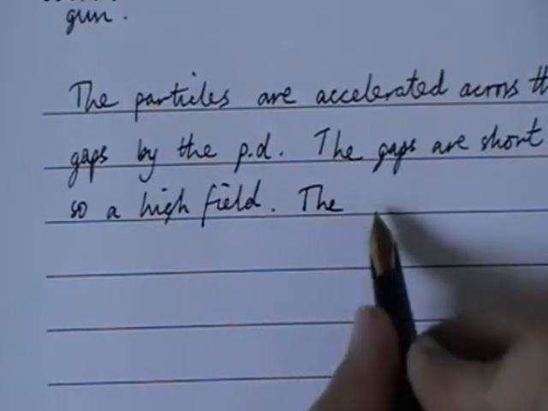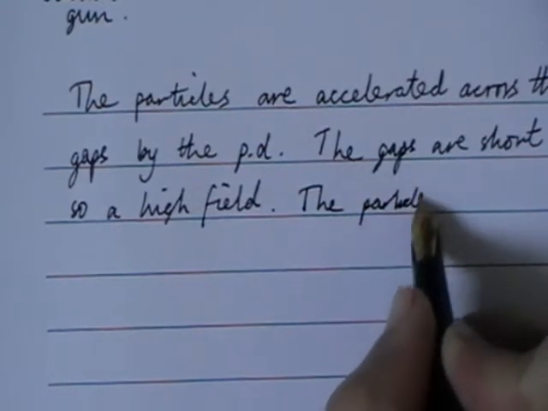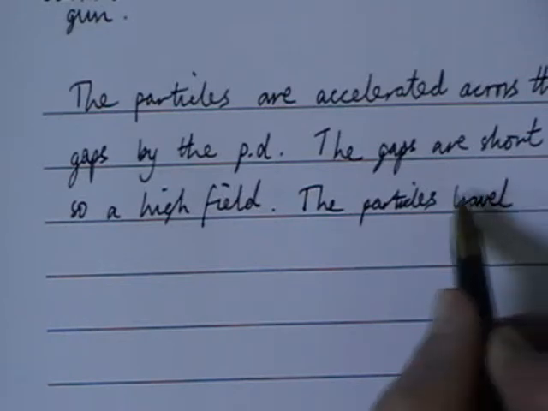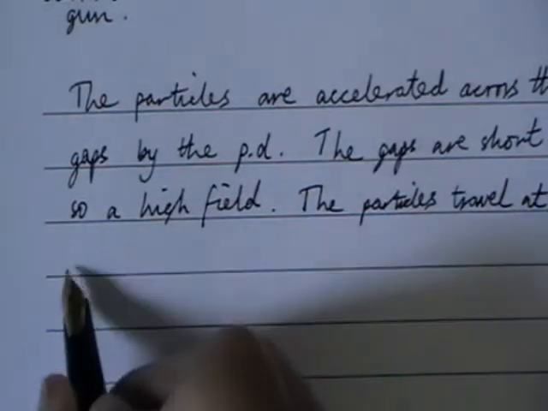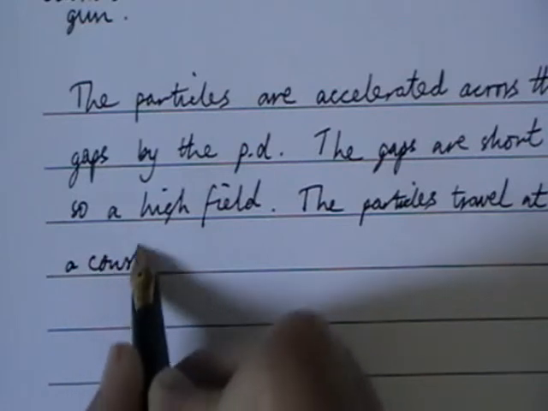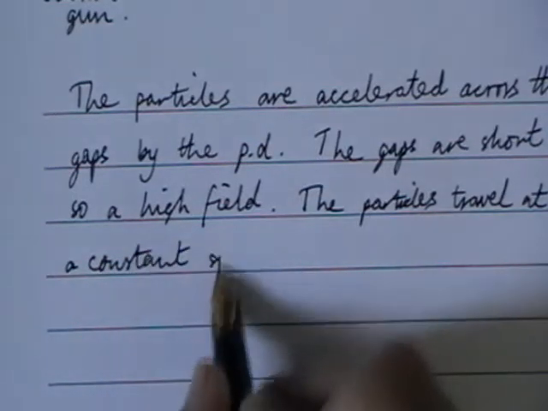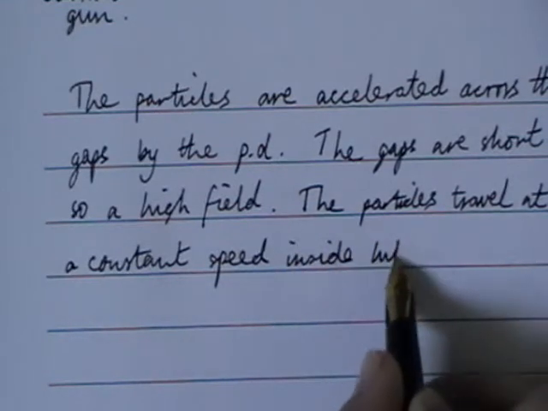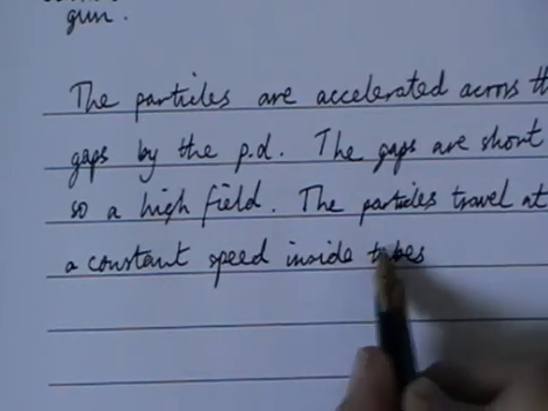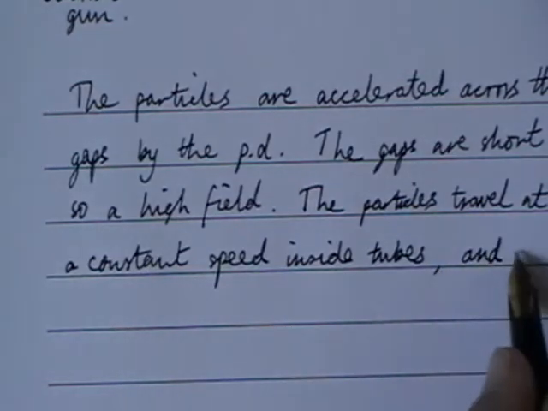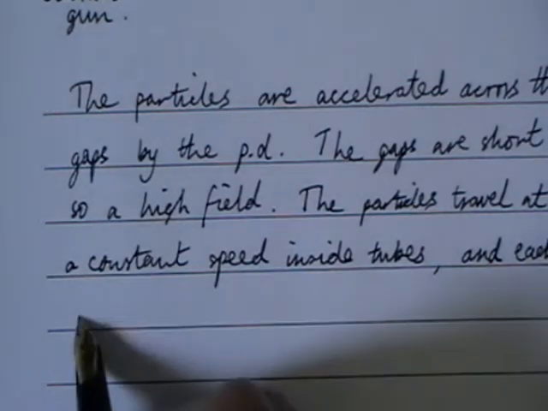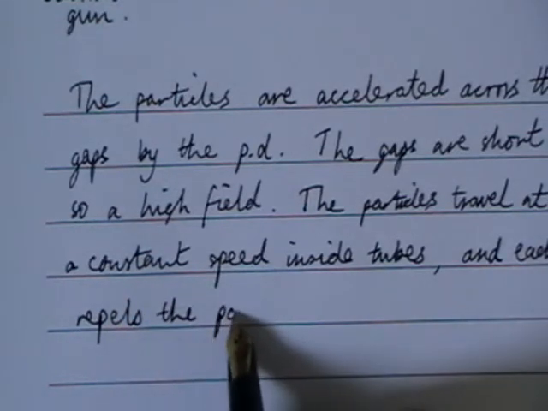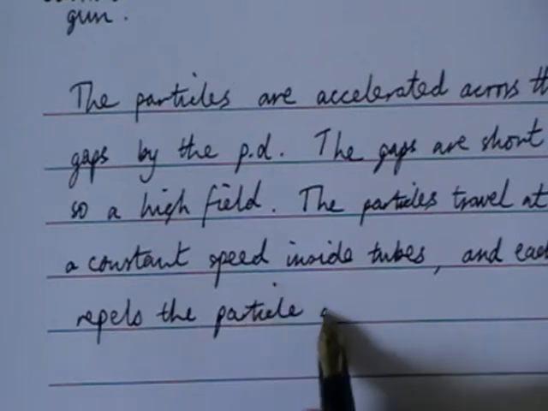The particles then travel at a steady speed, or a constant speed, inside the tubes. And each tube repels the particle once it's passed through it.